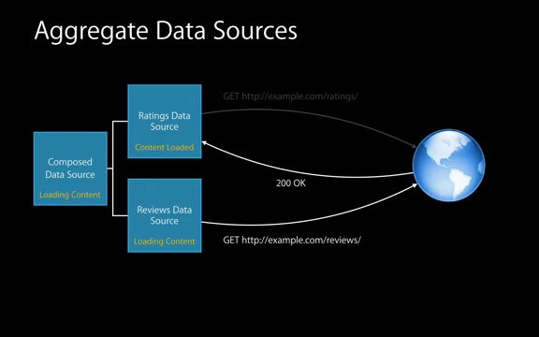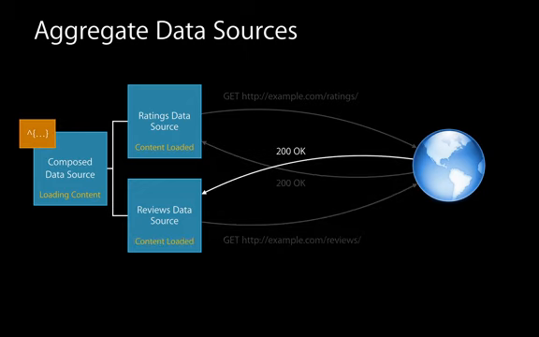That data source will process the response, but not update itself. What it does is it queues up a block that actually will do the update, and it sends it up the parent chain. And that block will just sort of hang out there for a bit. Then the next data source will get its response. It does the same thing.